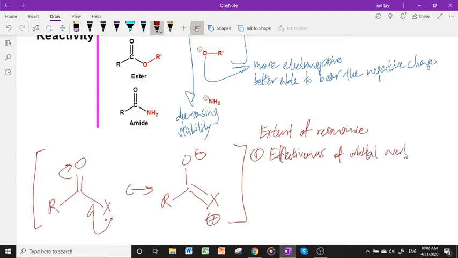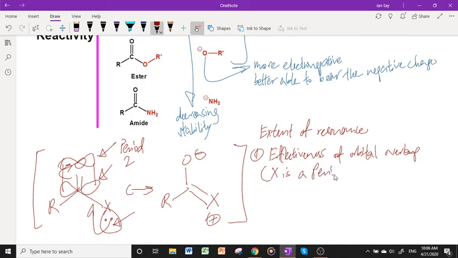So note that what is happening over here, an orbital holding the lone pair here overlaps with the pi bond of the C=O bond, and so realize that oxygen and carbon are both period 2 elements, and so there's most effective overlap if this orbital over here is of similar size to the period 2 orbitals. So it is most effective when X is a period 2 element.